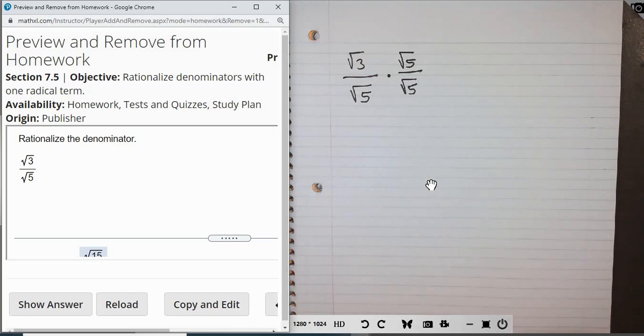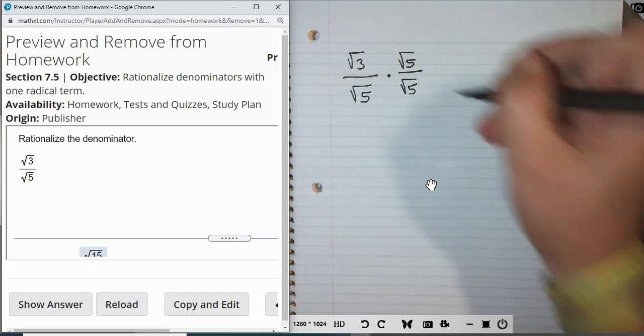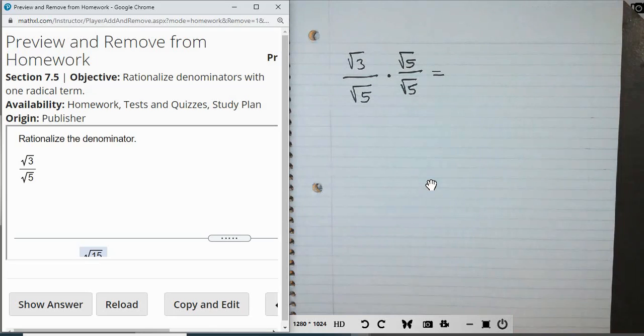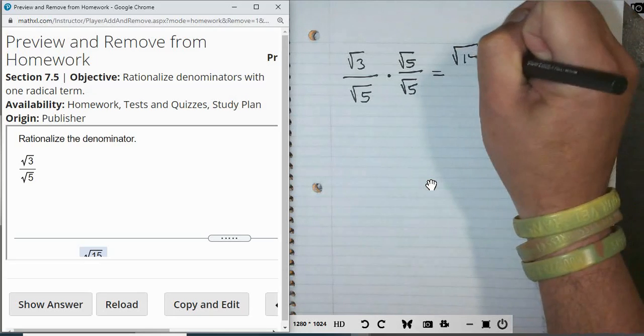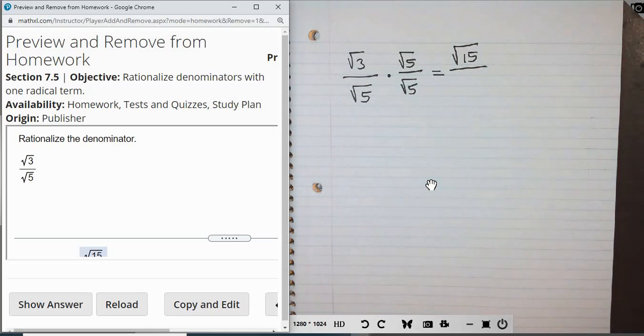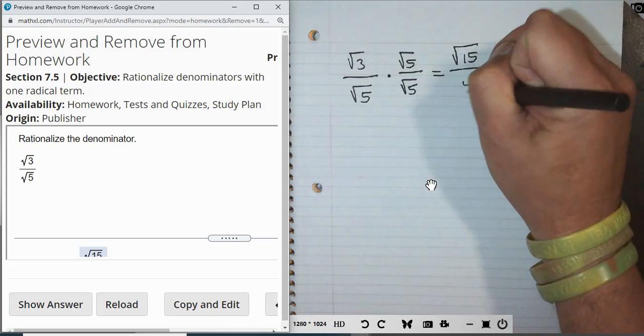So let's go ahead and multiply out using the product rule. Square root of 3 times square root of 3 is square root of 15. And square root of 5 times square root of 5 is 5.